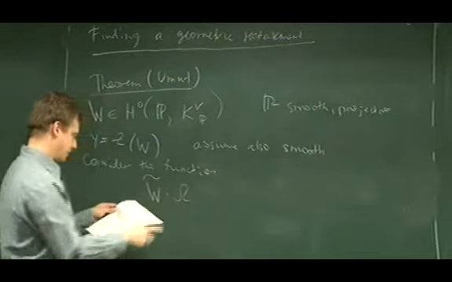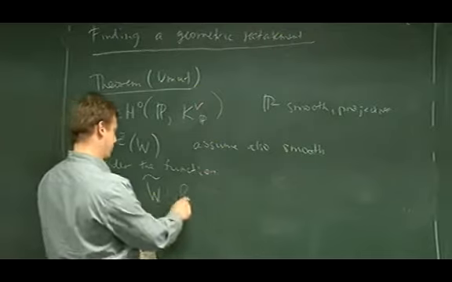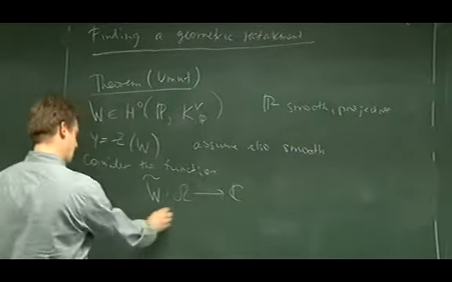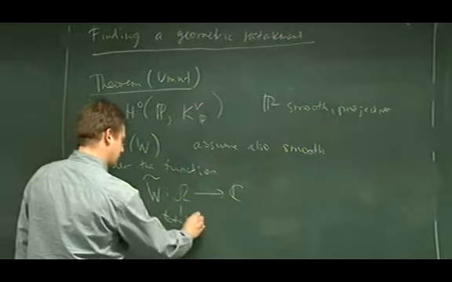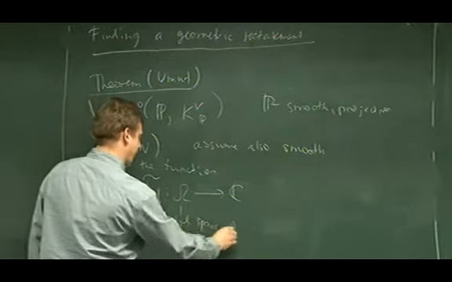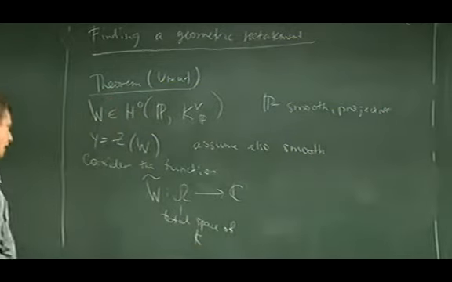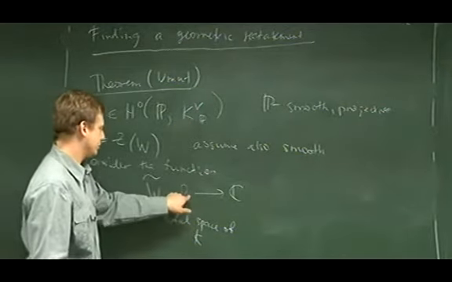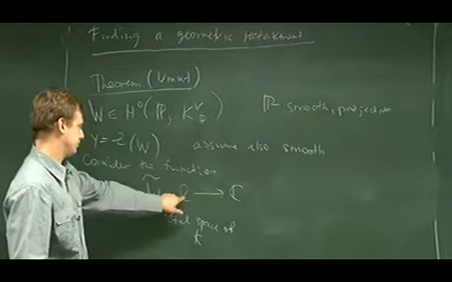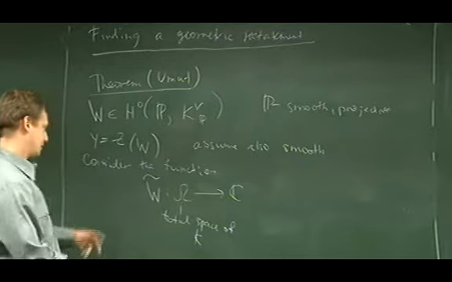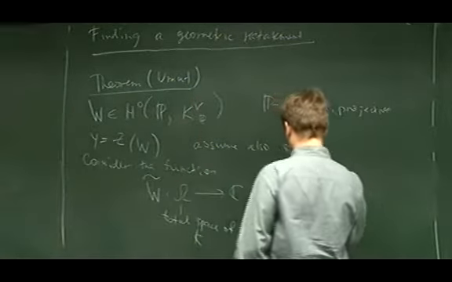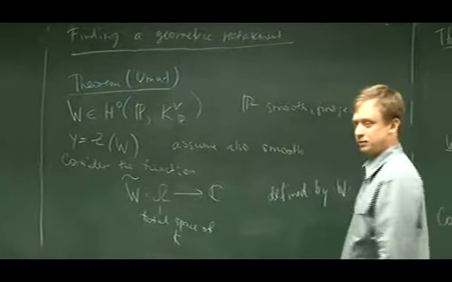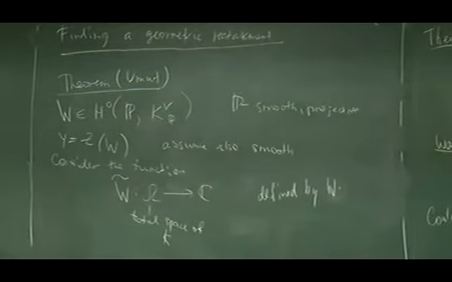So omega will be a total space of canonical bundle, and the function goes into C. So total space of K. I want to think of this as a line bundle, and I want to think of this as a manifold or a smooth variety. And so function W tilde defined by the original W.